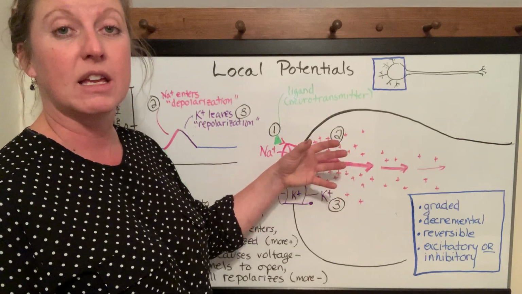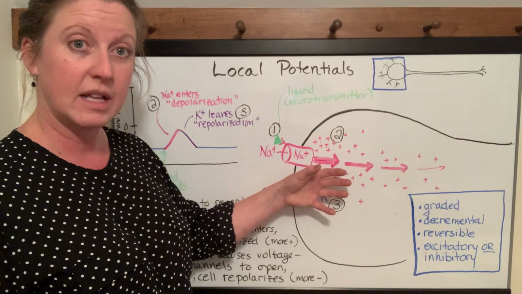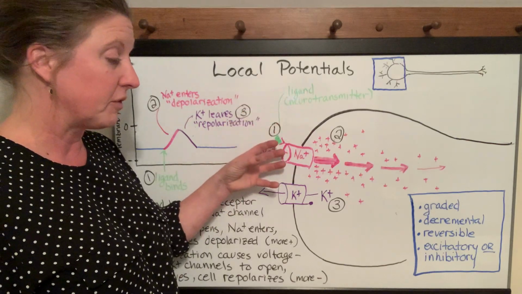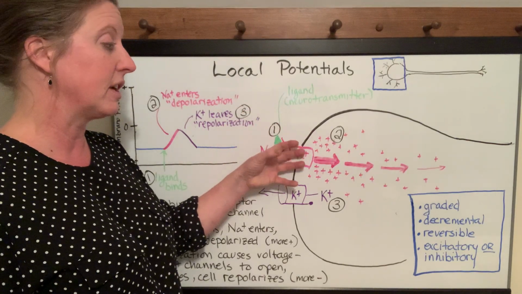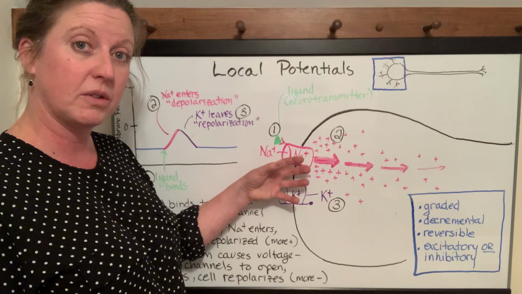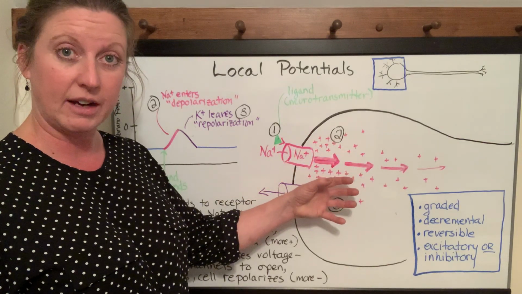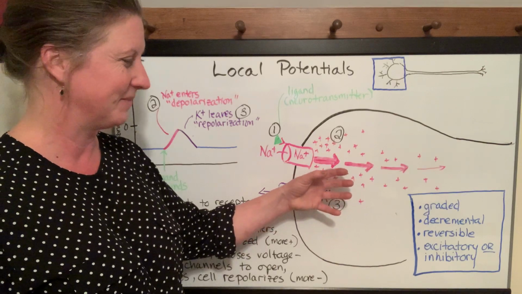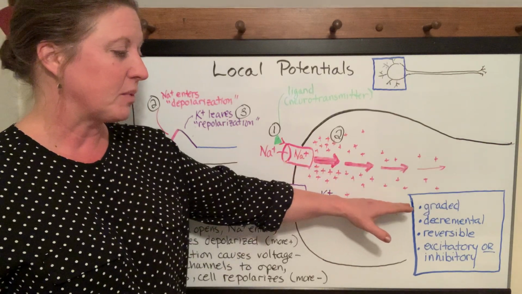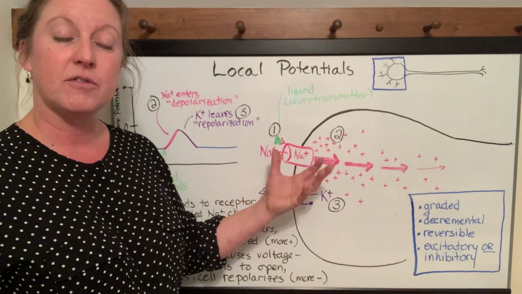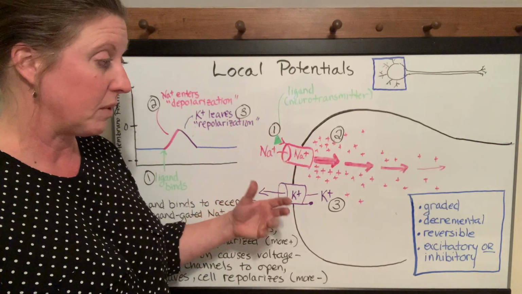It would be a stronger local potential. If only a little bit of neurotransmitter is released, then only a few ligand-gated sodium channels open, only a little bit of sodium comes in, and we have a little local potential. Okay, so that's what we mean by graded, is that they come in different sizes, different strengths, if you will.